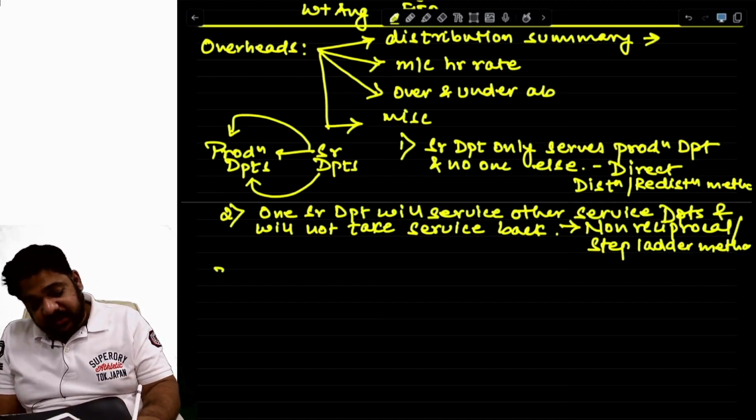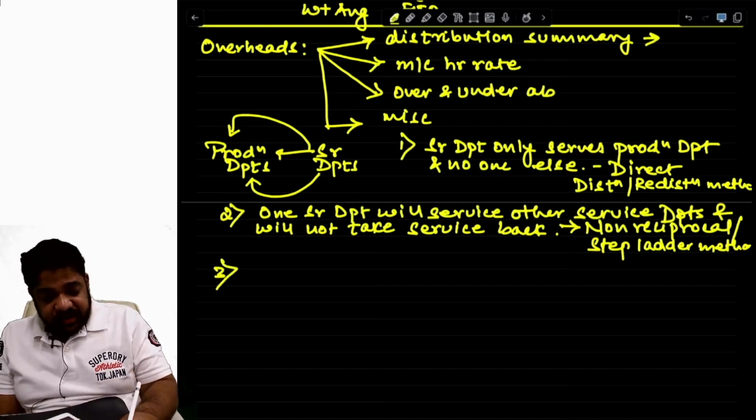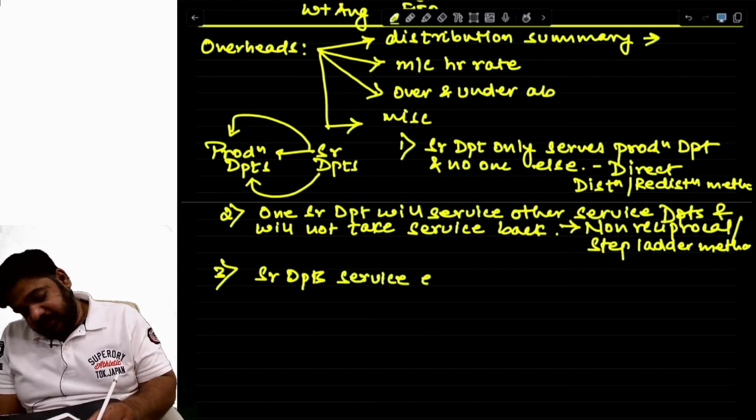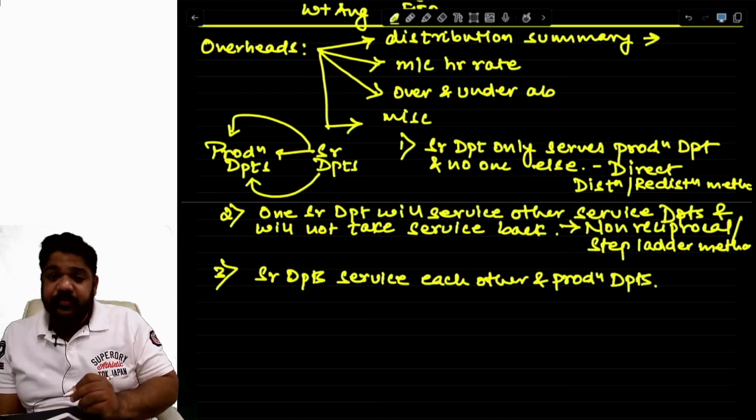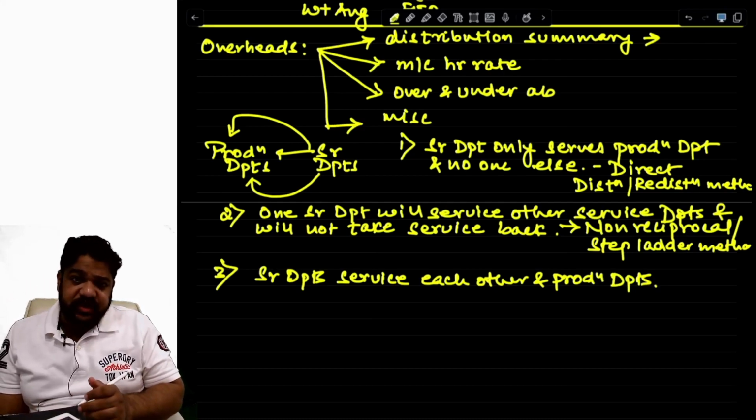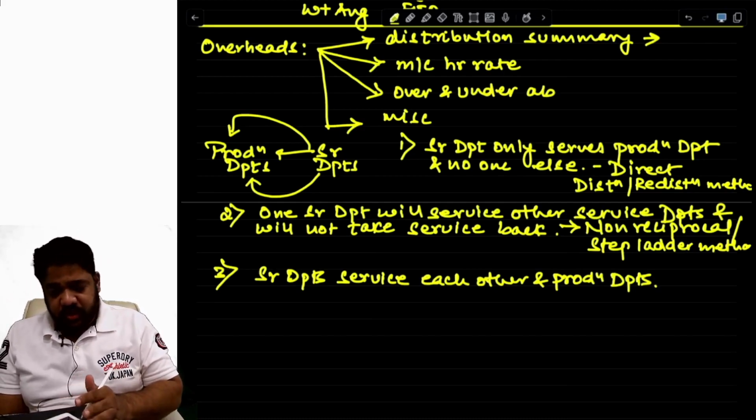And the third one, very, very common, is where service departments service each other and production departments, all of them.